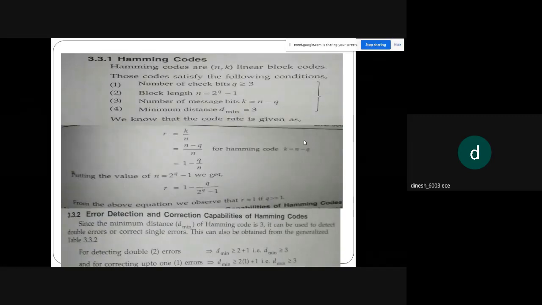For detecting double errors, d minimum is greater than or equal to 2 plus 1, that is d minimum greater than or equal to 3, and for correcting up to one error, d minimum is greater than or equal to 2t plus 1, which is 2 times 1 plus 1, so d minimum greater than or equal to 3. Which satisfies this. These are the error detection and correcting capabilities of Hamming codes.